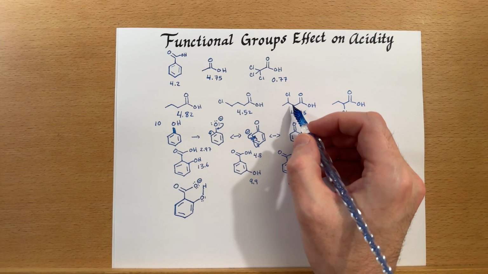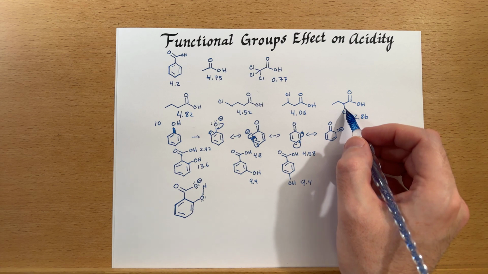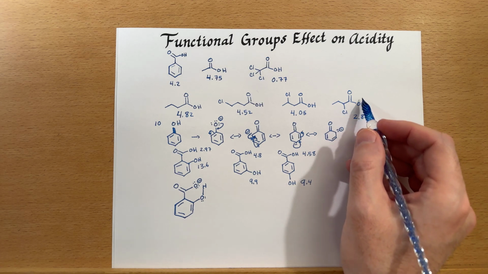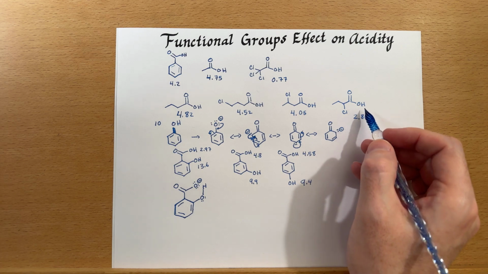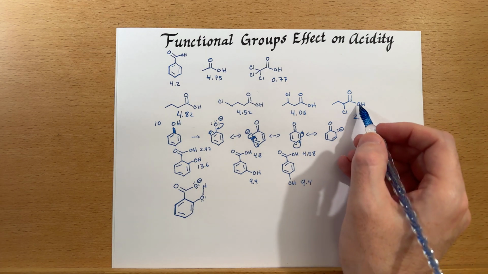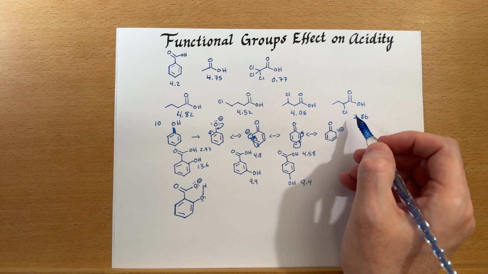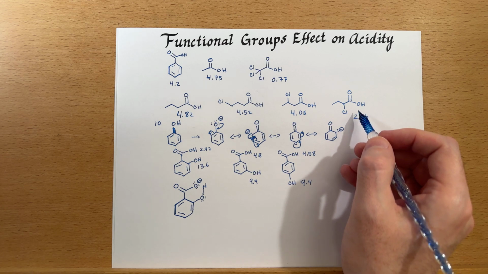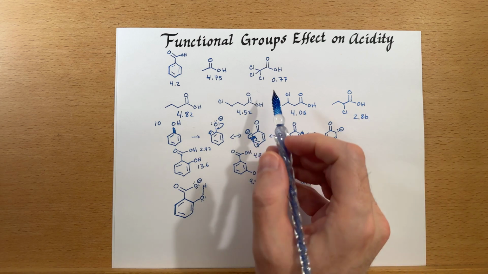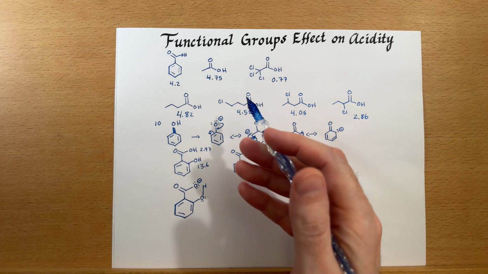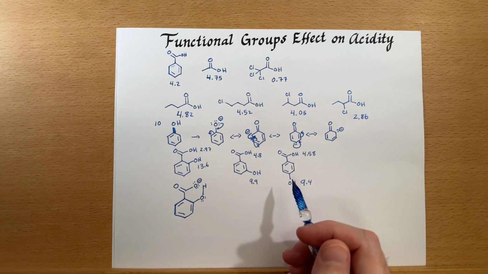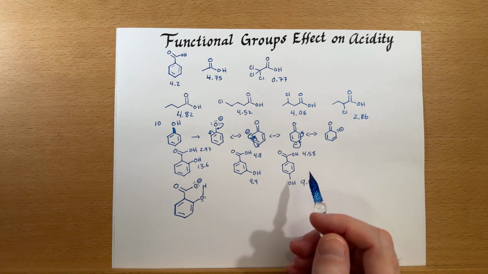The closer we move the electronegative atom to the acidic hydrogen, or the most acidic hydrogens, the more acidic it will be because it has a greater stabilizing effect on the resulting anion. If we have more electronegative groups, that will have a greater effect than just one.